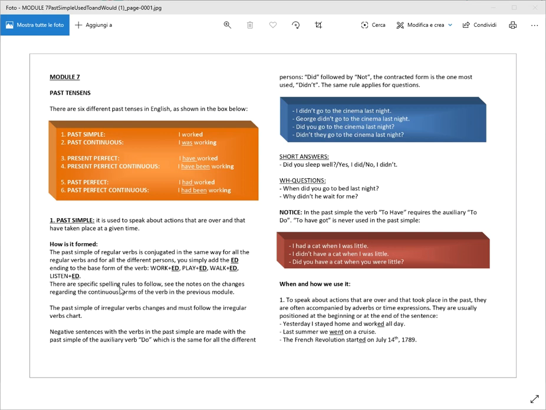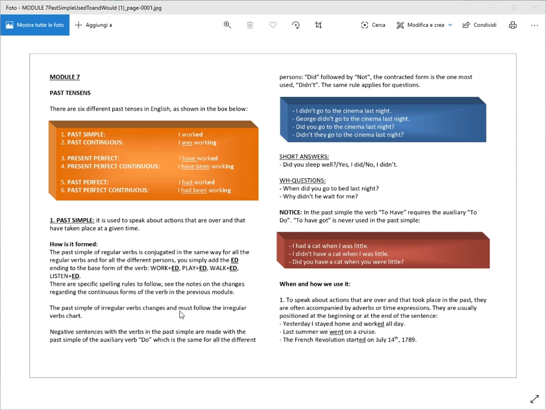There are specific spelling rules to follow, and I suggest you revise them from the previous lessons, especially those on the continuous forms. The past simple of irregular verbs changes according to the different verb chosen.